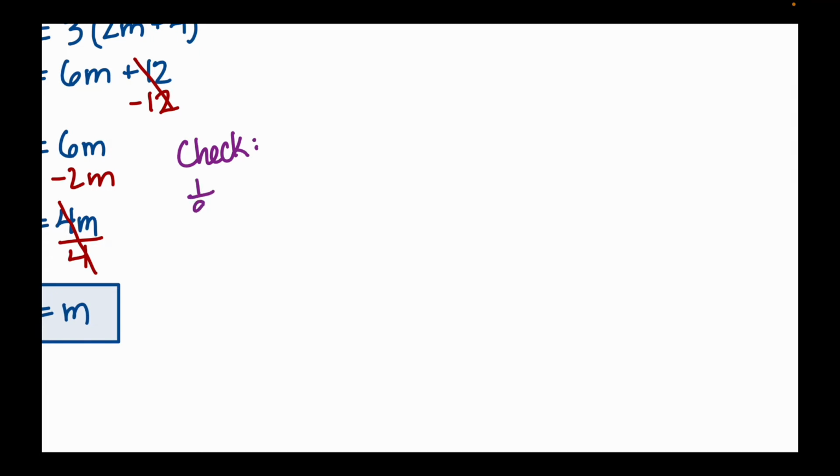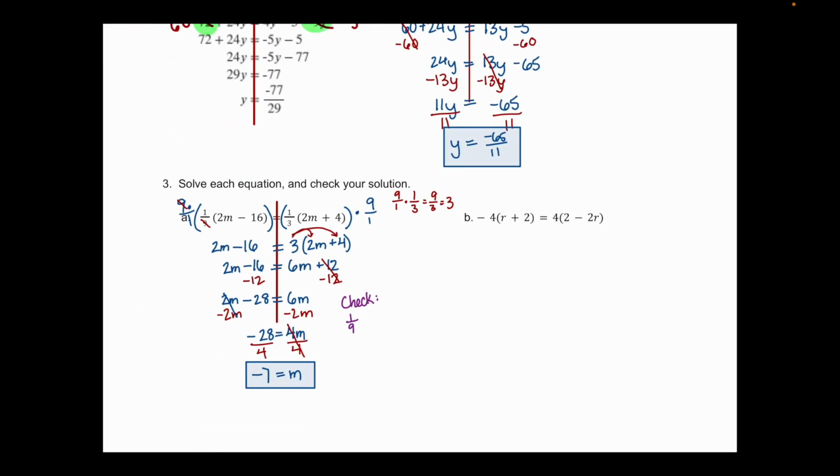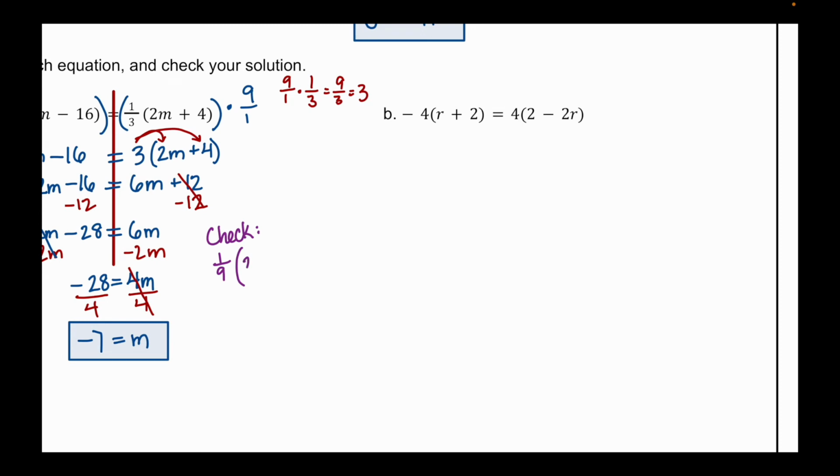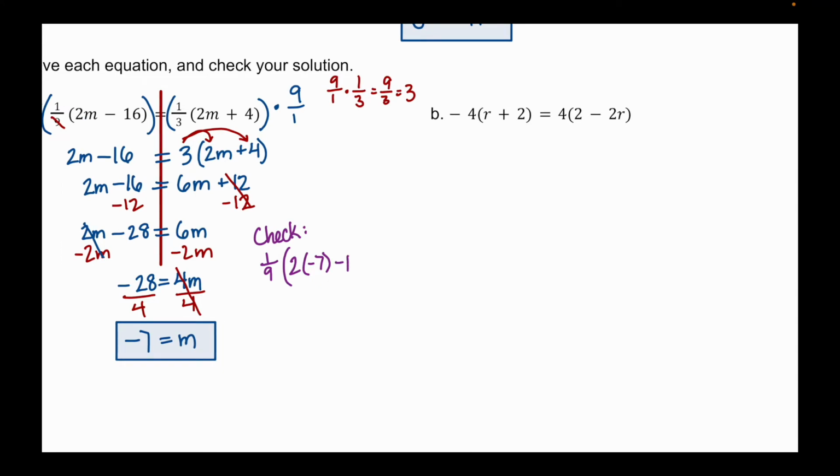So we want 1/9. And all we're doing here is we're going to plug in negative 7 for that value of m. So 1/9 times 2, and instead of 2m, it's 2 times negative 7 minus 16. Is that equal to 1/3 times, I'm running a little bit out of room, so let's actually just evaluate that, and then we're going to evaluate the other side.